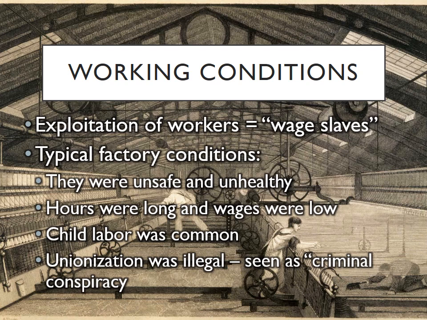They were unsafe and they were unhealthy. You had smoke and you had coal dust. You had cotton fibers that you were breathing in if you were working in a textile factory. The hours were very long. We're looking at 12, 14, even 16-hour days. Wages were extremely low. Child labor was common. And it was illegal to have a union because it was seen as a criminal conspiracy.